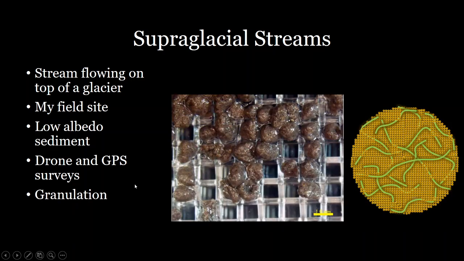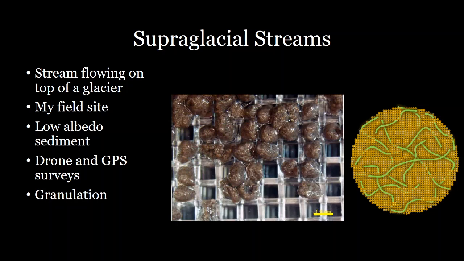And so one of the reasons why knowing this is really important is what we've found is that the cryoconite, the holes that develop on the ice sheet surface, tend to develop these granules. So these grains of sediment that get wrapped up in these long stranded cyanobacteria.